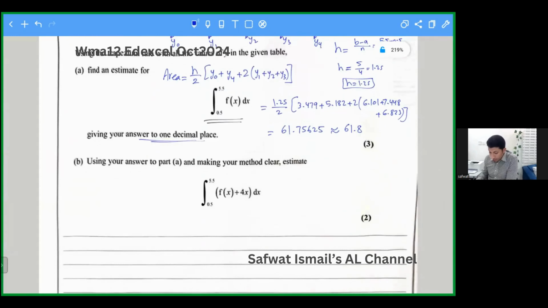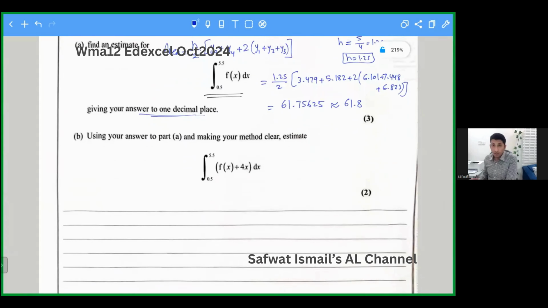Now, the second part says, using your answer in part a and making your method clear, estimate the definite integral of f of x plus 4x dx. And we need to use the rules of the definite integral. The rule I'm going to use in this part is when I have two functions, the definite integral of f of x plus g of x dx is the same as the definite integral of the first function plus the definite integral of the second function dx.